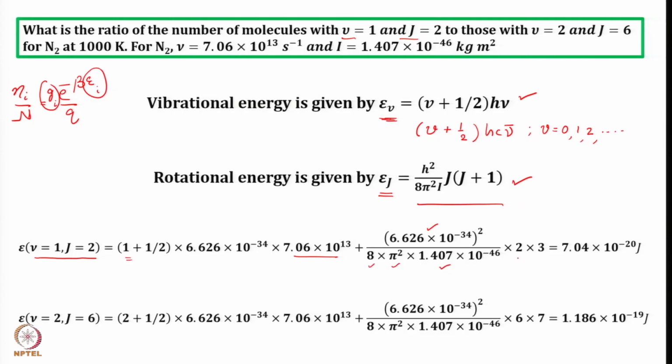J is 2, so 2 into 3. When you solve everything, you get 7.04 into 10 raised to the power minus 20 joules.